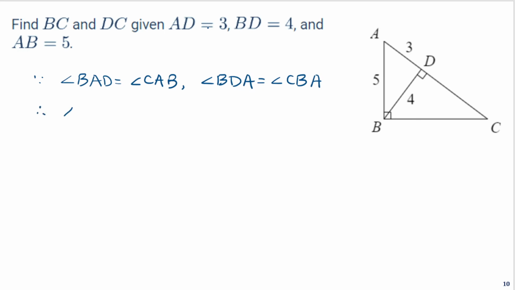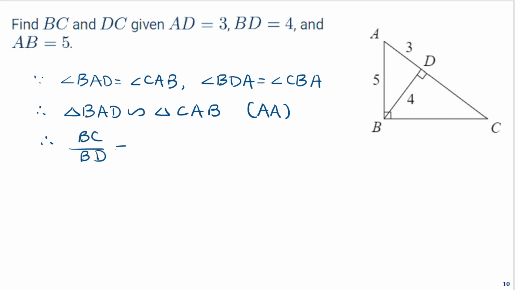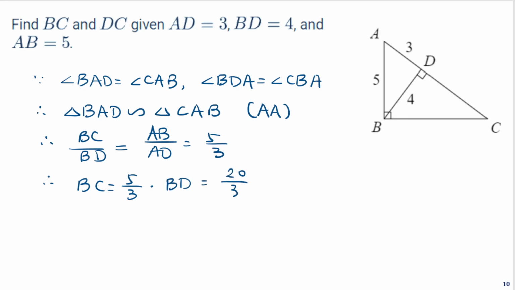We have triangle BAD is similar with triangle CAB by AA similarity, and therefore we have BC over BD equals AB over AD, which equals 5 over 3, right? Therefore, we know BC is 5 over 3 times BD, which gives you 20 over 3, right?